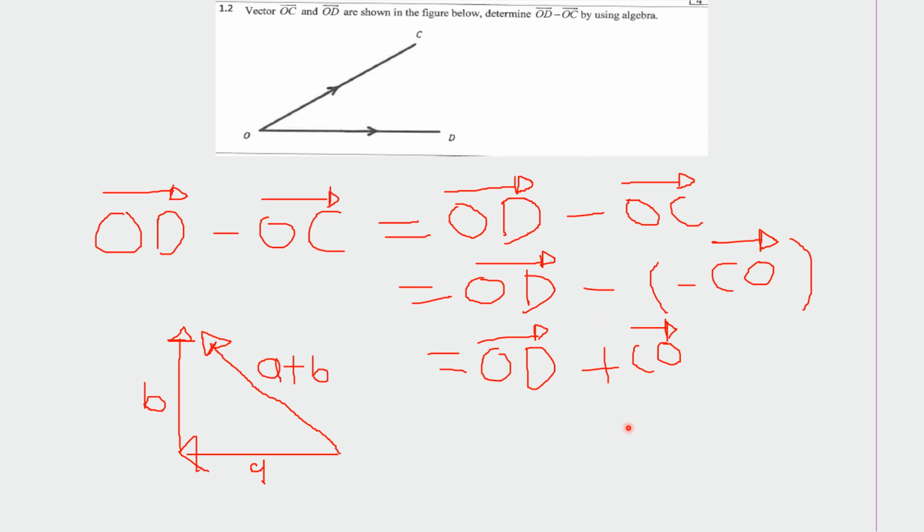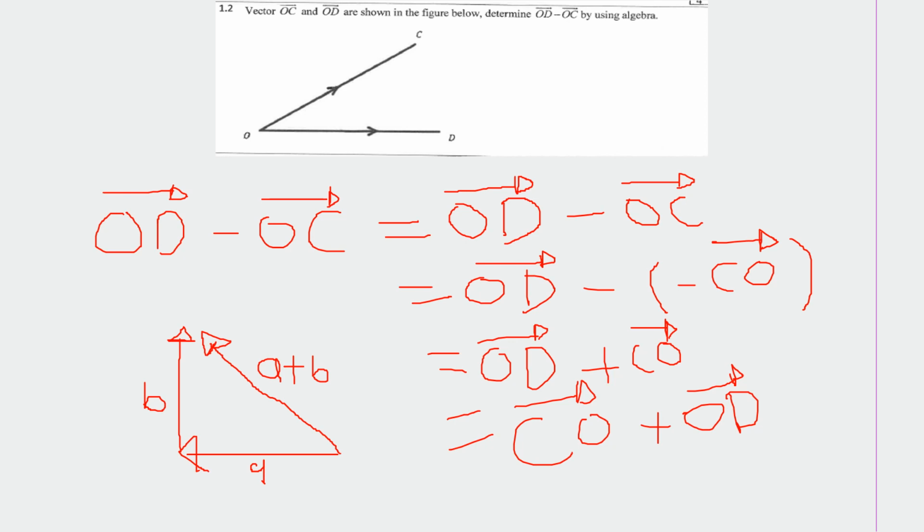So now that means here on our equation, we can write it this way to say now we have CO plus OD. So now remember CO, it will have to change the direction here. Remember it was OC and then we made it to be what?